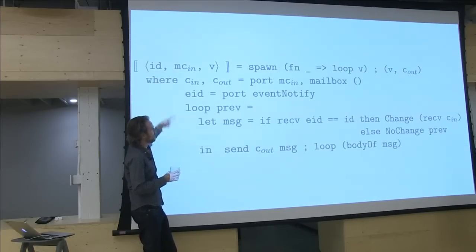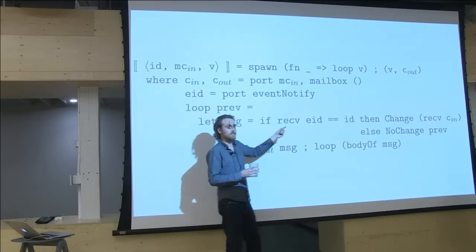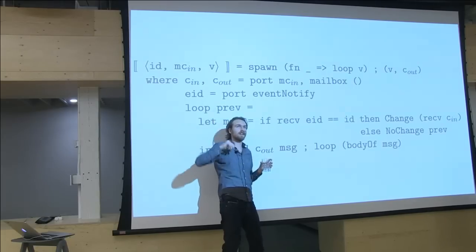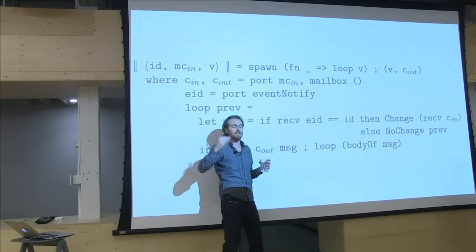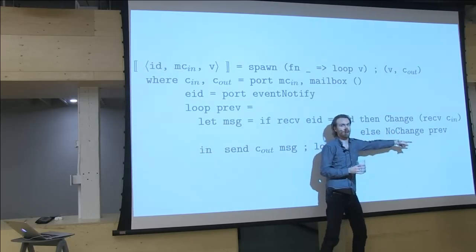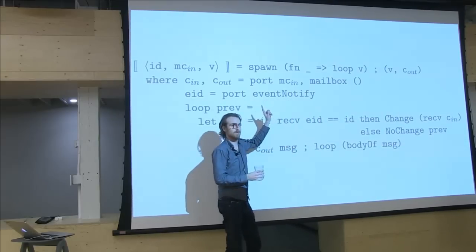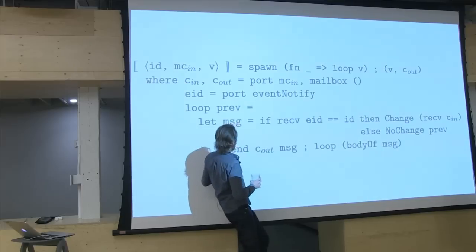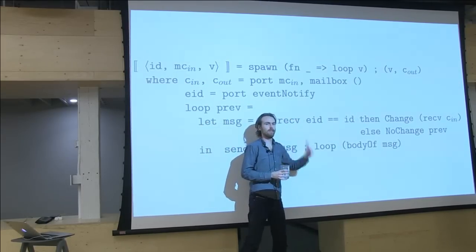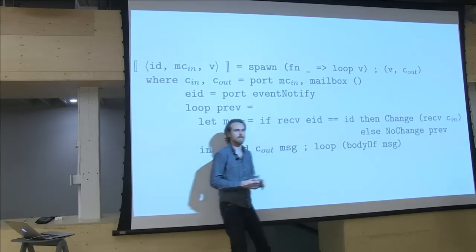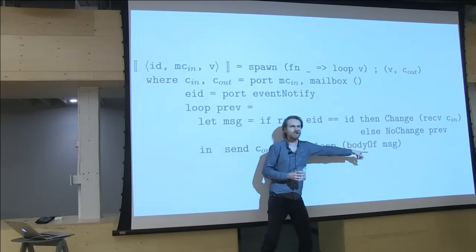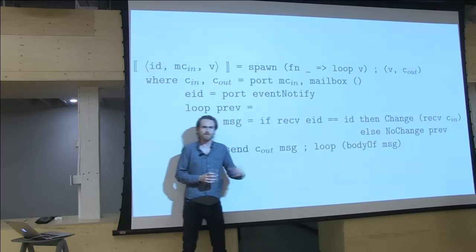Then we loop, and this is the part that says, if I'm mouse position and the event I'm getting is for a mouse position, then I'm going to send a change message. Otherwise, I'm going to send a no change message with the previous value of the loop. So we run the loop, send it out, and then loop back with whatever the contents of the message is. The body of the message ends up being the actual mouse position.